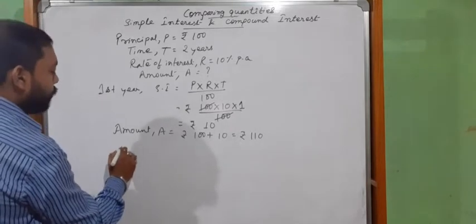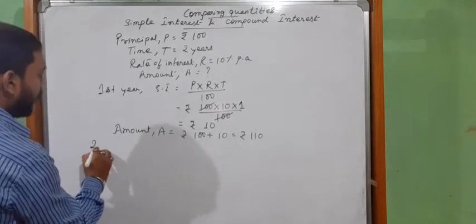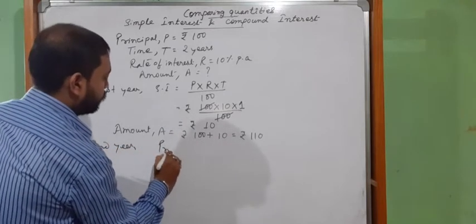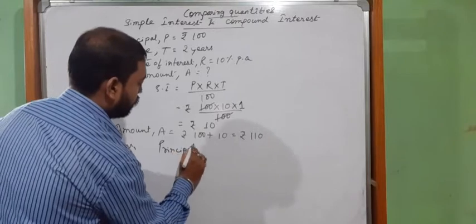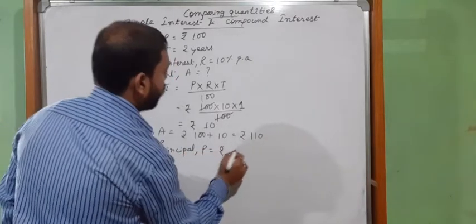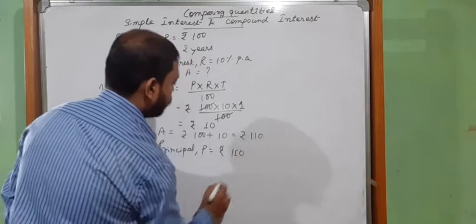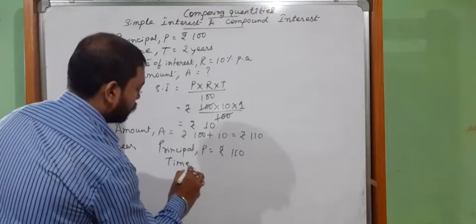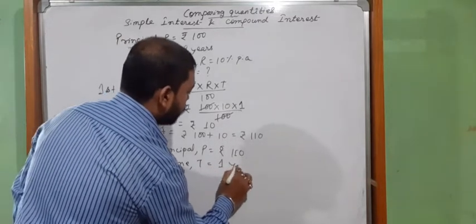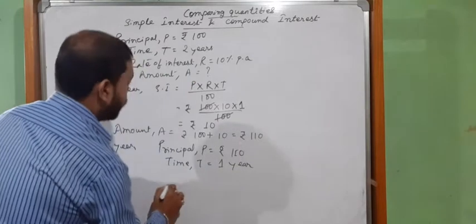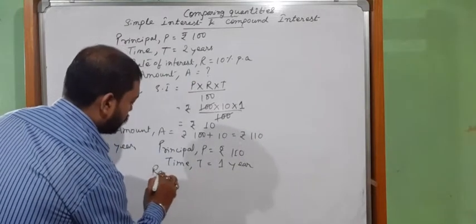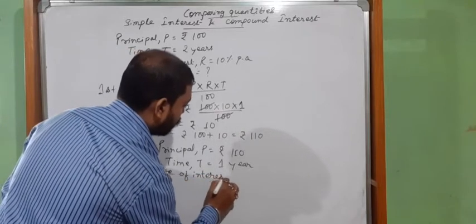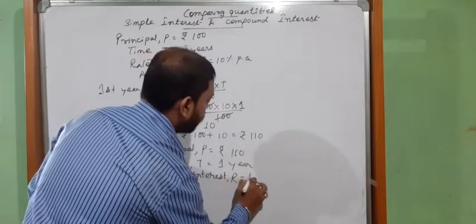So now my new principal for the second year, P equal to rupees 110, time T equal to 1 year, and the rate of interest R is equal to 10% per annum.